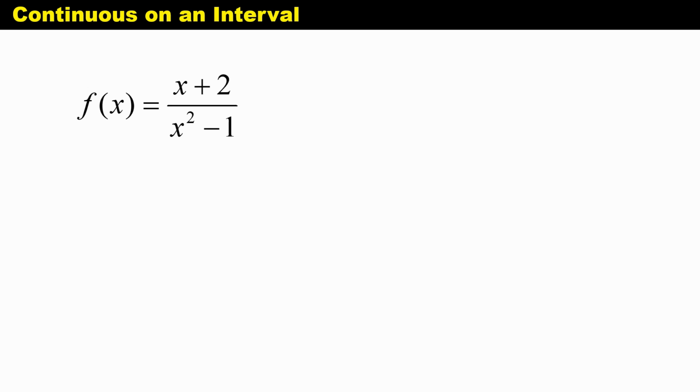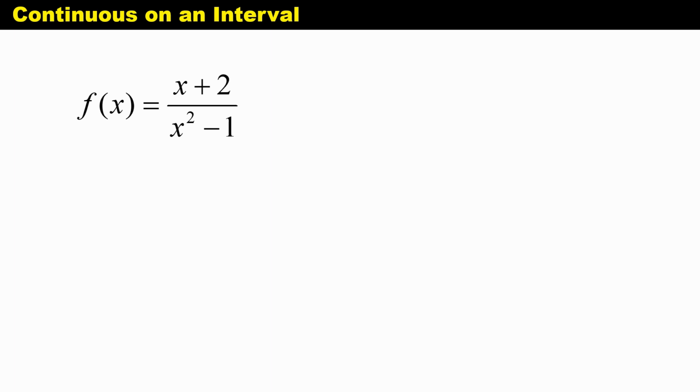We have f of x equals x plus 2 all over x squared minus 1. Now remember that the domain of this function is the set of all real numbers except for values that can make our denominator equal to 0.